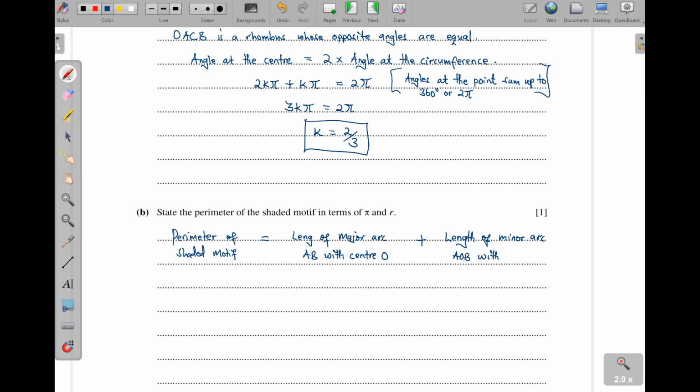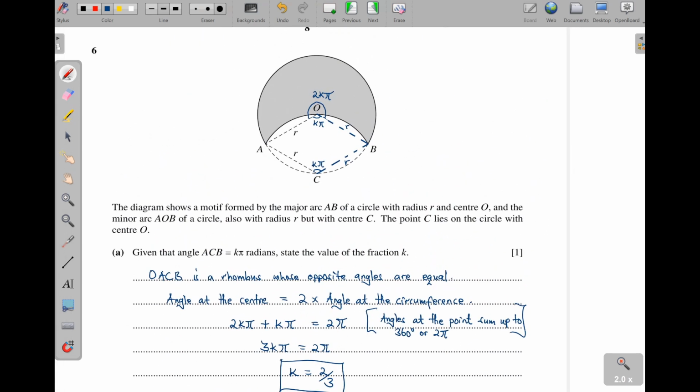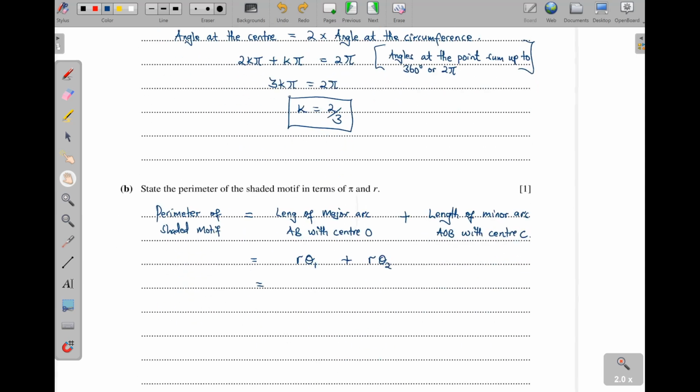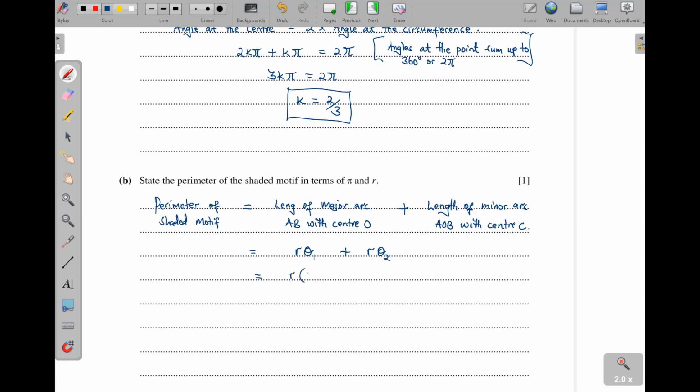Length of an arc, you know that it is r theta in radians. So let's say it's theta 1 and they all have the same radius. So r, then theta 2. Now, what is theta 1 for the major sector? It has to be this 2K pi, right? So we shall have r times 2K pi, and then we go to this second one here.